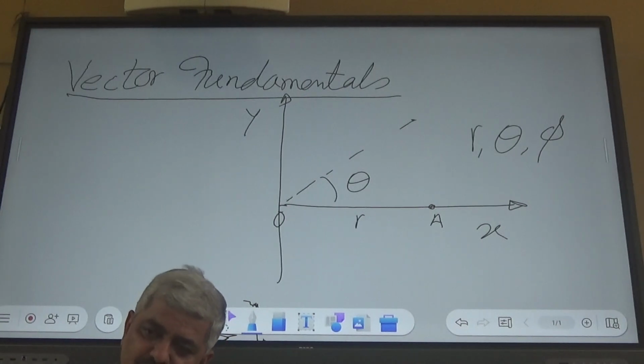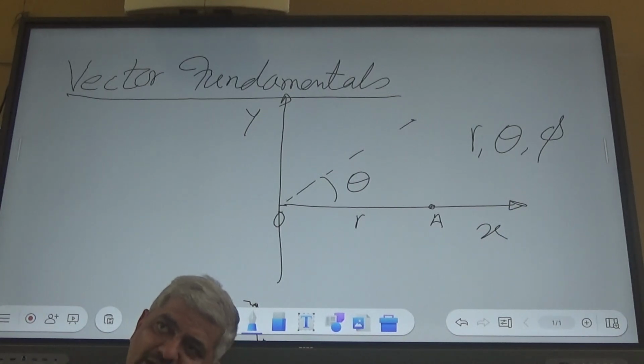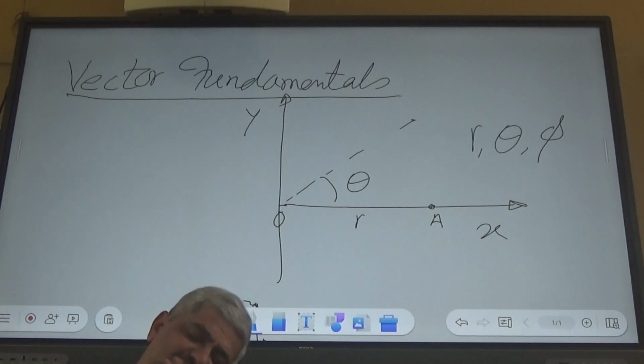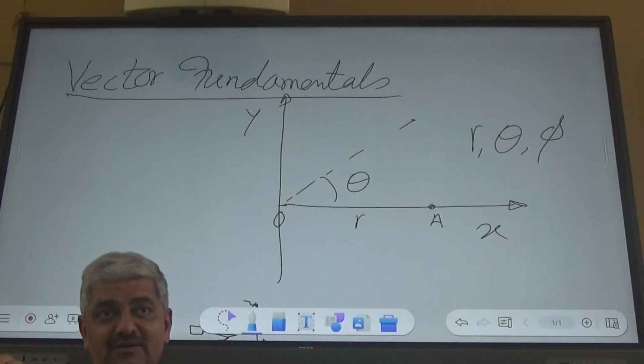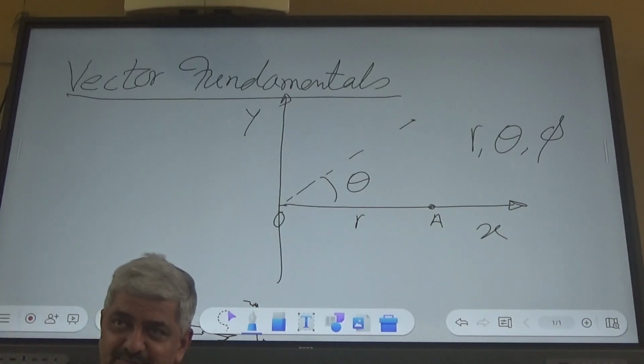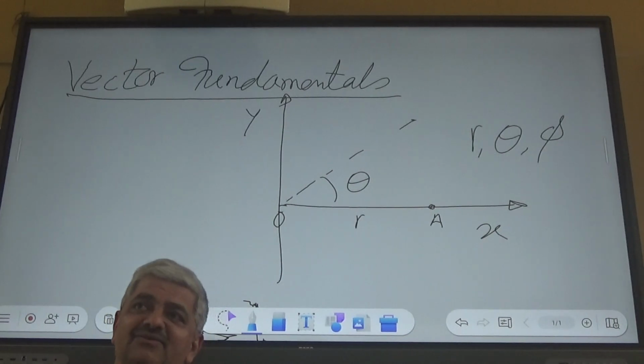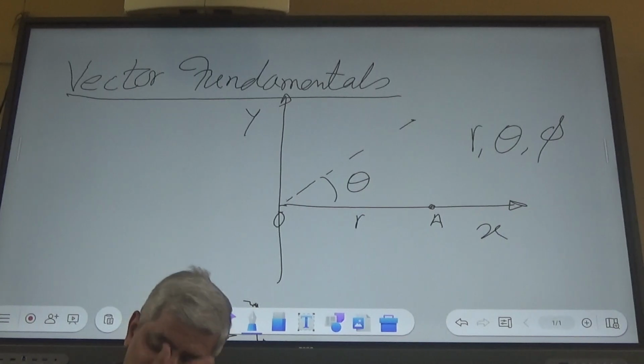In 2D, two real numbers: magnitude and one angle. In 3D, three real numbers: magnitude and two angles. In Cartesian coordinates, in 1D there is only one value, x, which can be any real number including positive and negative. In 2D, x and y coordinates both can be positive or negative. In 3D, three coordinates, positive, negative, anything.